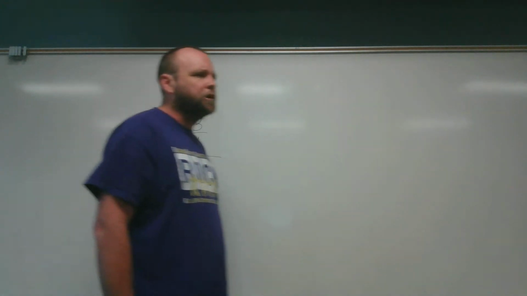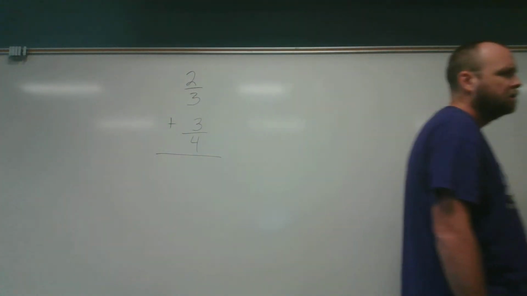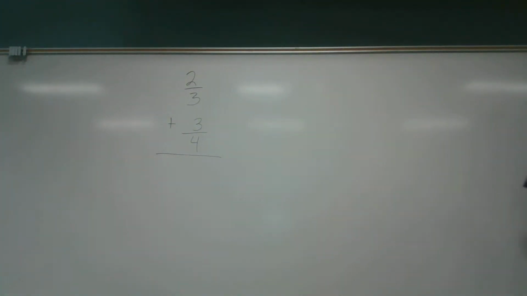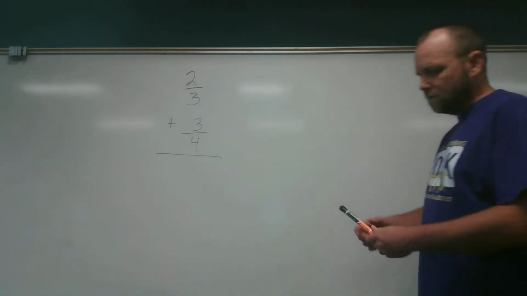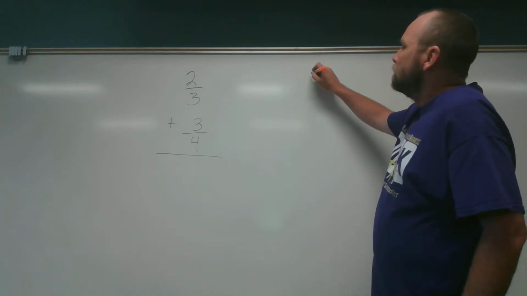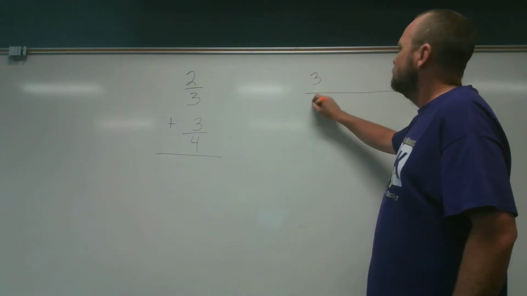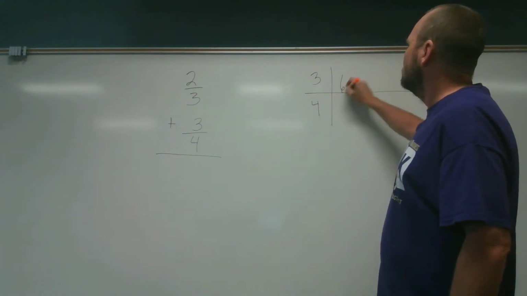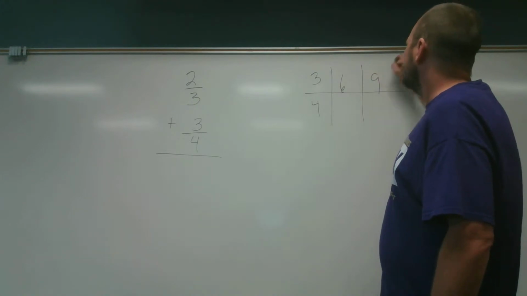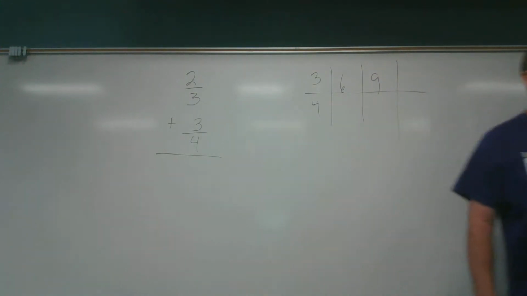When adding and subtracting fractions, Chloe, what's the first thing we have to have? We have to have a common denominator. So I take my denominators, 3 and 4, and I list their multiples. Multiples are not all the factors of it.